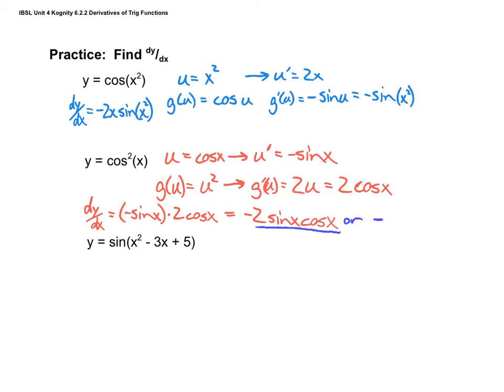That was one of our double angle formulas. So that whole thing simplifies down to negative sine of 2x, because 2 sine x cosine x is our double angle formula.